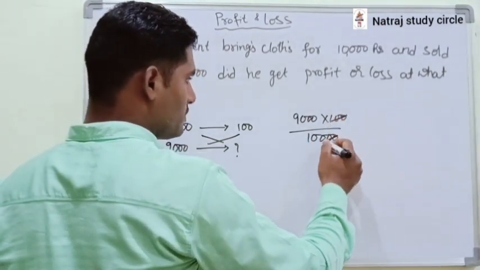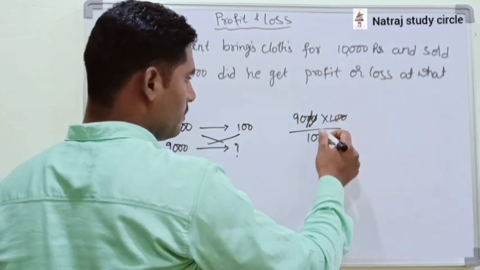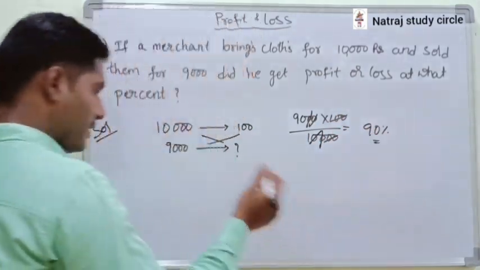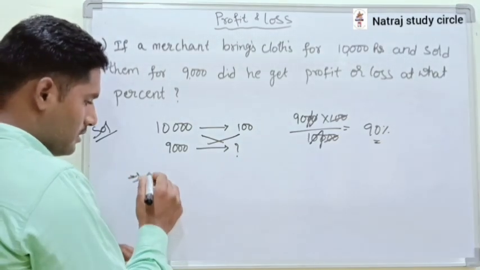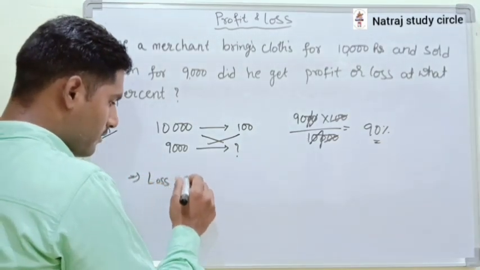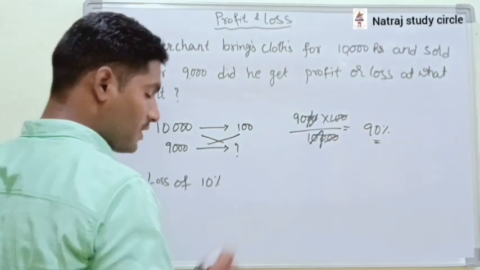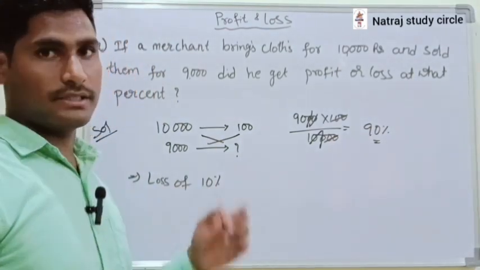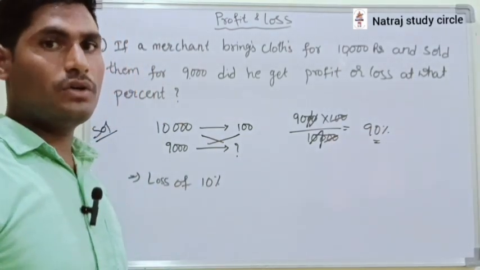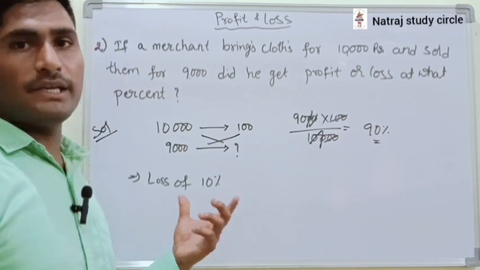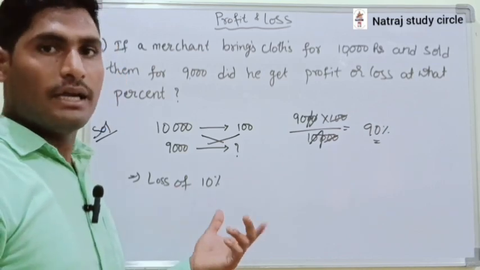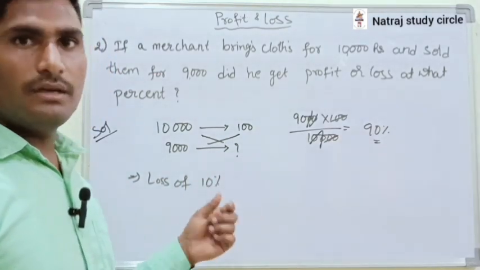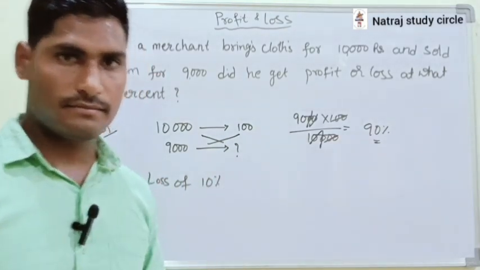Cancelling the zeros, it is 90%. So we have got a loss of 10% on selling the products. These are the basic questions, and next we go to the third question, which is somewhat different.